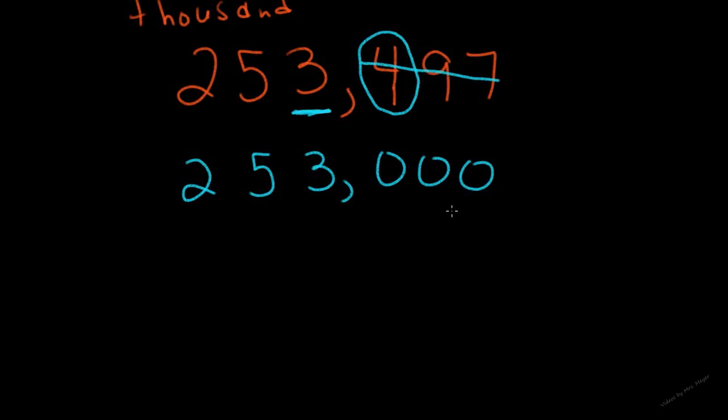Okay, let's do another one. We'll do the millions place here. Let's say I'm going to round to the nearest 100,000 place.